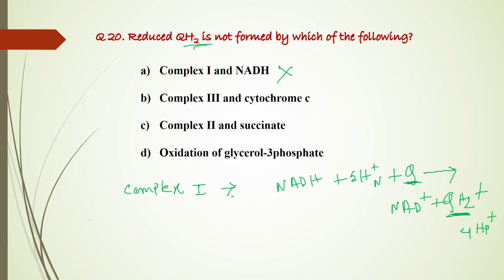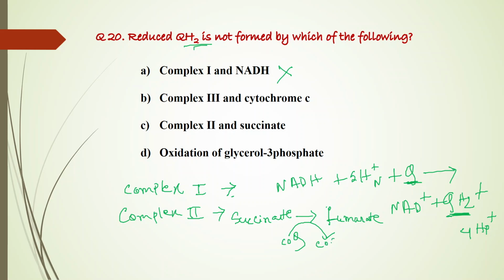Let us look at complex 2. Complex 2 actually is not involved in any kind of proton transfer. Still, in case of complex 2 as well, we have the conversion of succinate to fumarate, while the Q, coenzyme Q, gets transformed to coenzyme QH2, that is the reduced form.